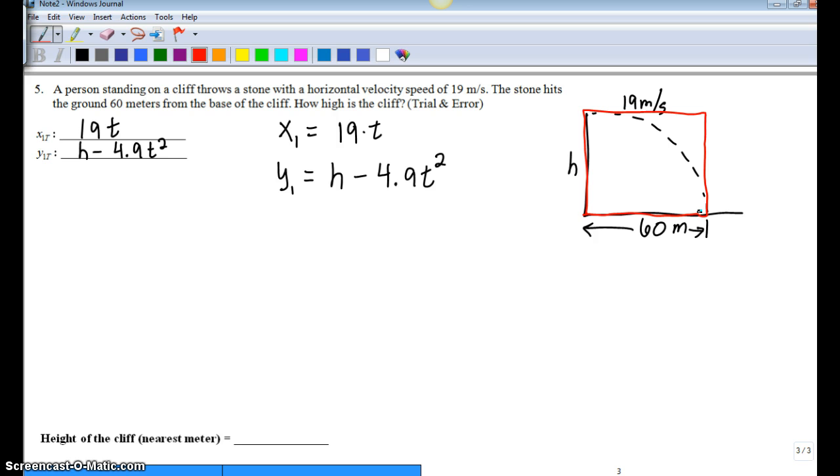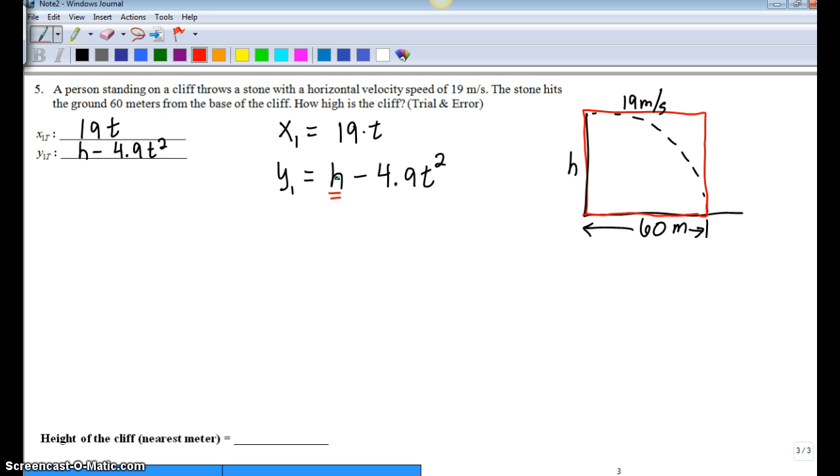So in order to do that, as we change our h, our y-intercept, this curve continuously moves up and down. Okay, so if we keep changing that h with specific numbers in mind, that's the trial and error, is changing the h value, which I put in as 10.